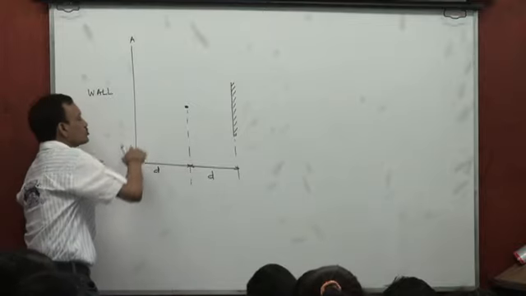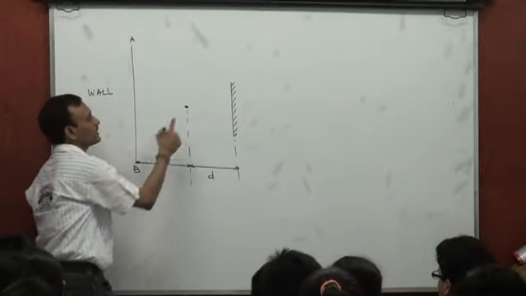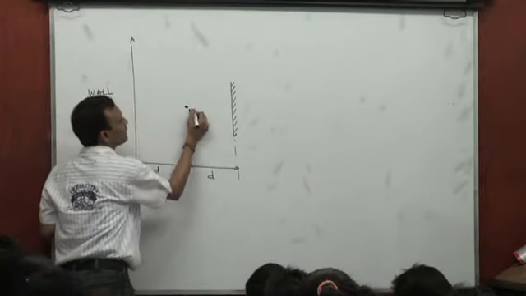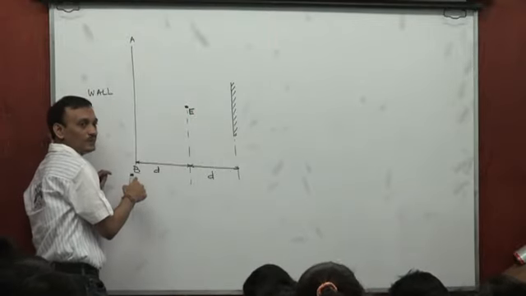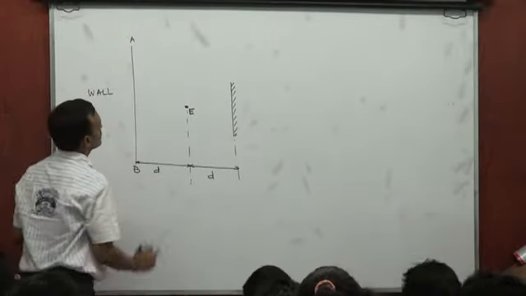And he wants to be able to see the wall completely through the mirror. Let's say this is the eye E of the man, and he wants to be able to see the wall completely. Assume.